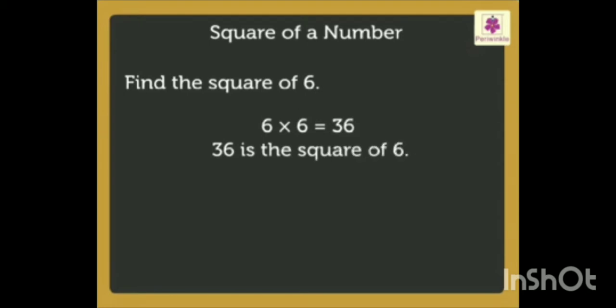We write it as 6 into 6, which is equal to 6 raised to the power of 2, is equal to 36. We read it as 6 square or 6 raised to the power of 2 is 36.